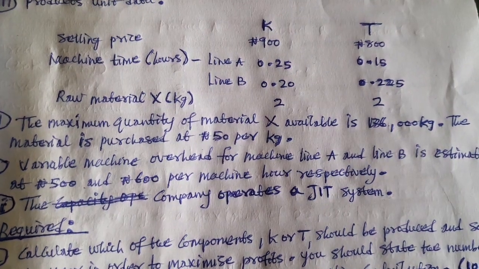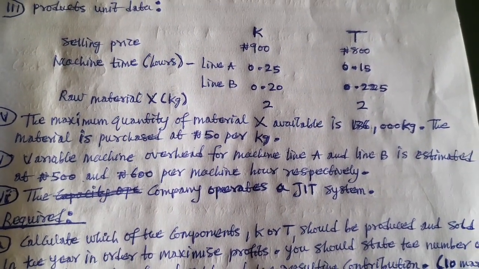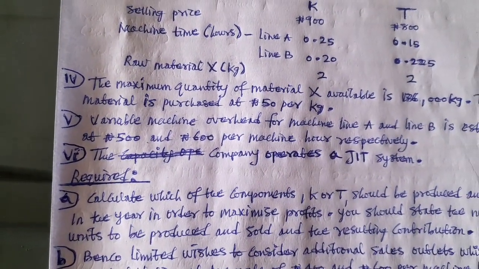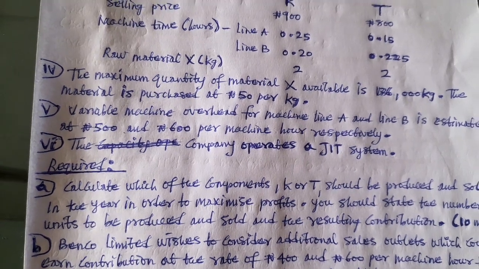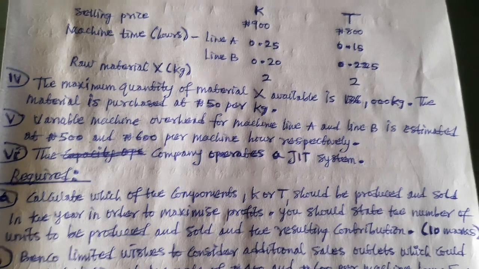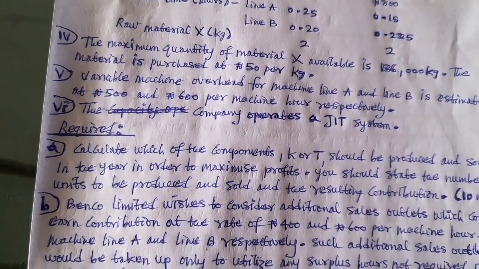The raw material X per kg for K is 2 and for T is 2. 4. The maximum quantity of material X available is 136,000 kg. The material is purchased at 15 naira per kg.